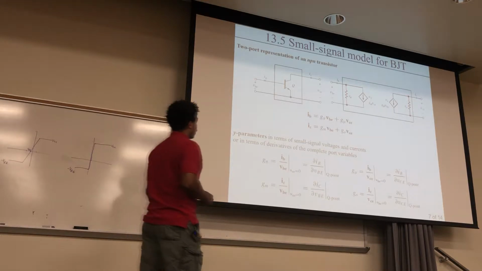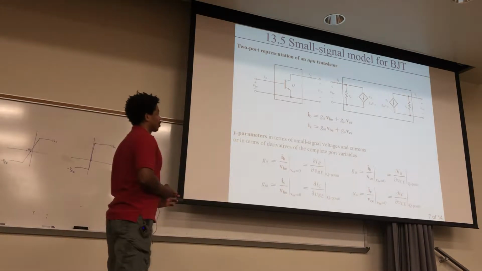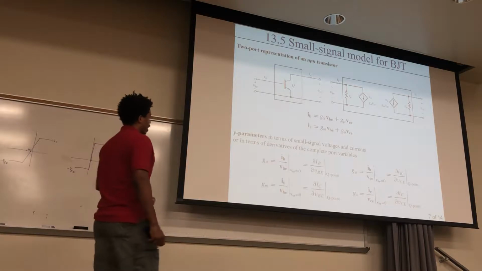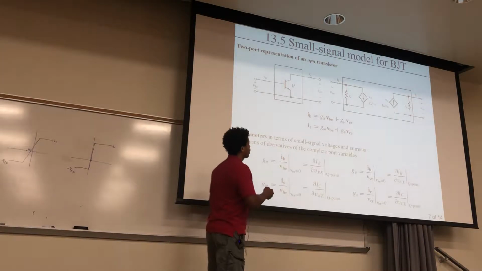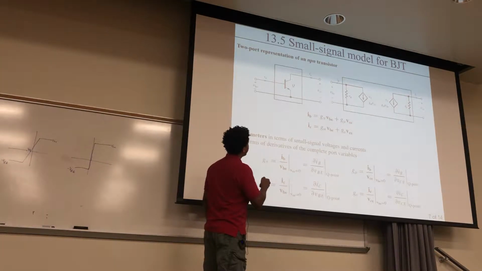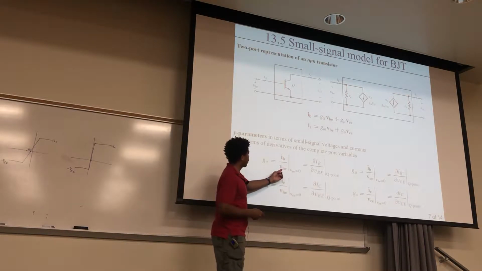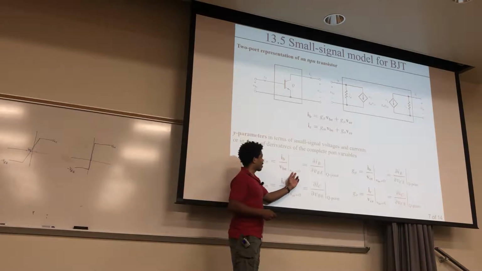For the Y parameters, in terms of small signal voltages and currents, you can write it like this, which makes a lot of sense, because if you make your voltage VCE 0, then this term goes away. So G pi is just this quantity divided by VBE, evaluated at VCE being 0.